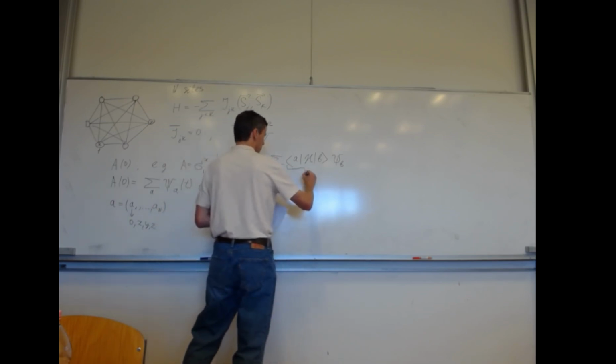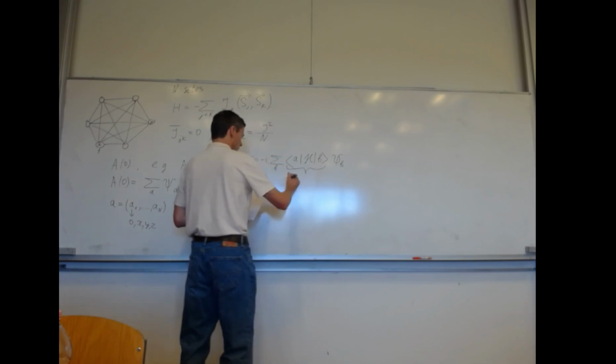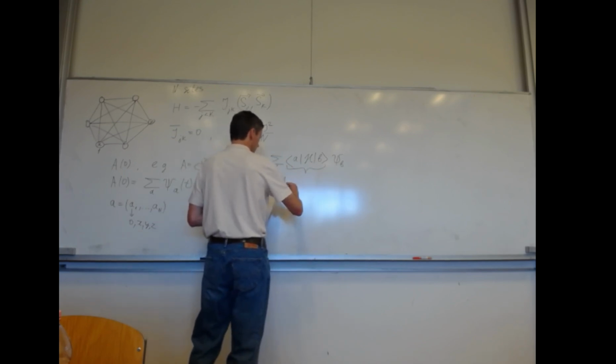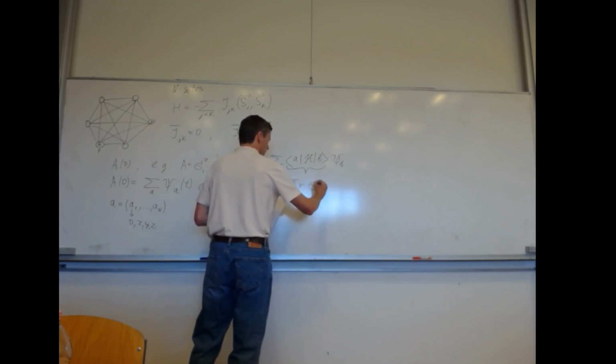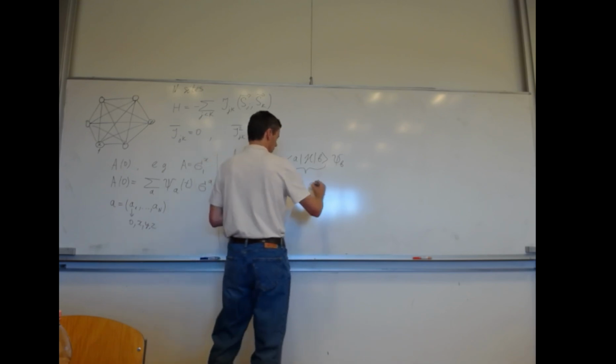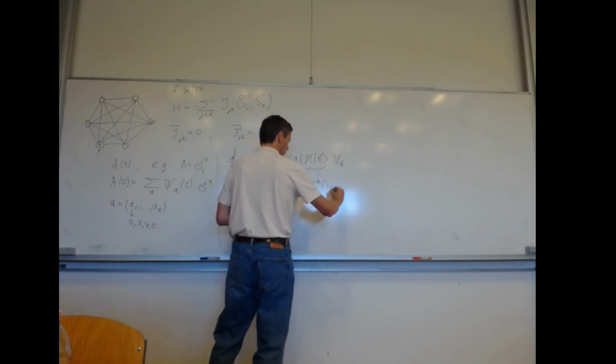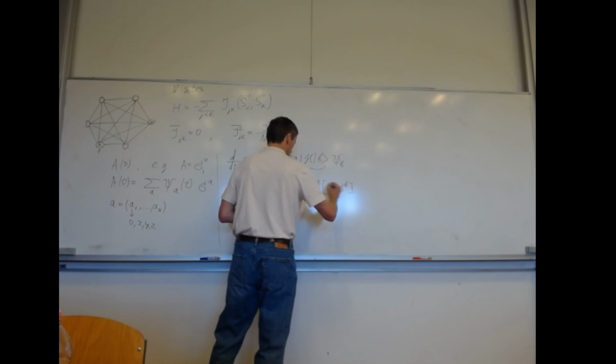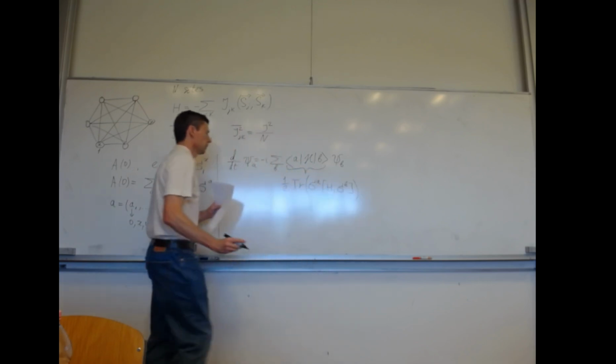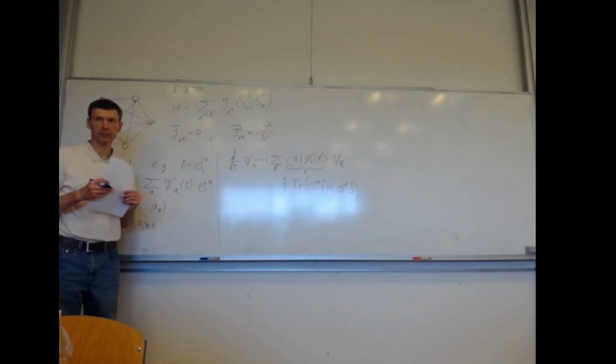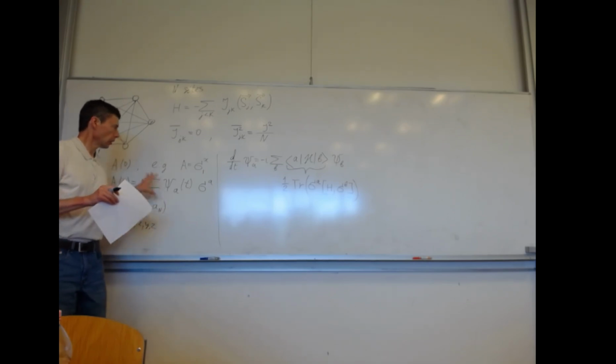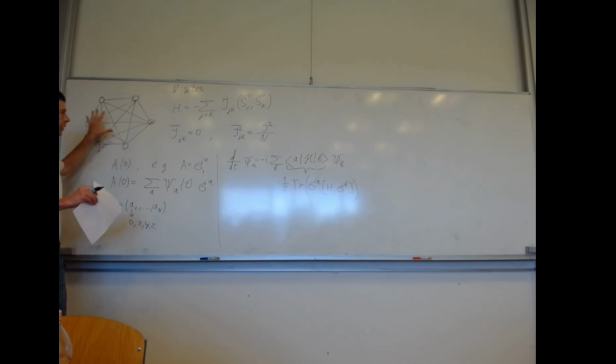The matrix element can be written like this: it's 1/2 trace of sigma A, the Hamiltonian commutator with sigma B. This is the formula for the matrix element. So we have quantum dynamics of those bacteria, and this is still a complex problem.